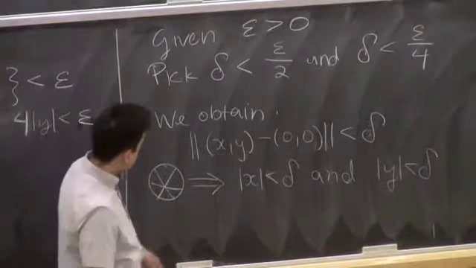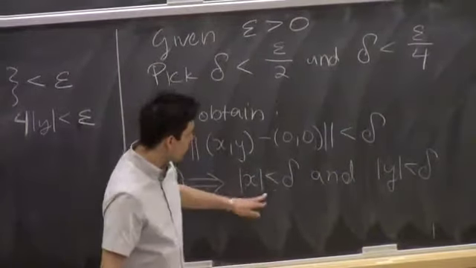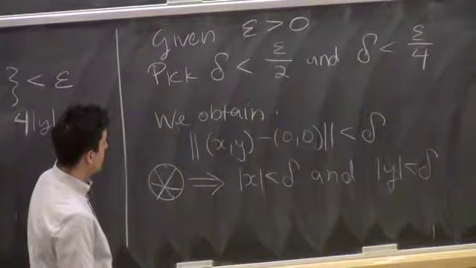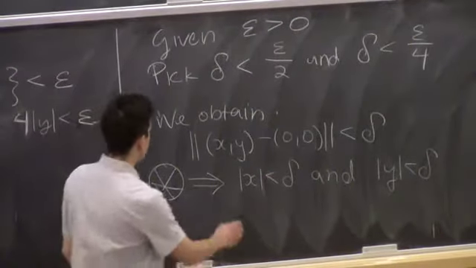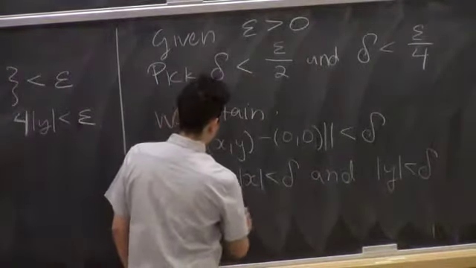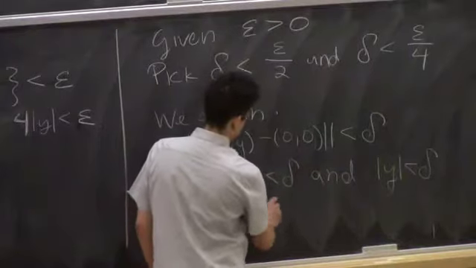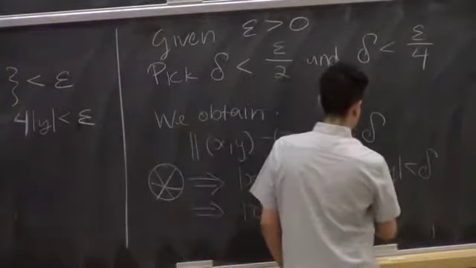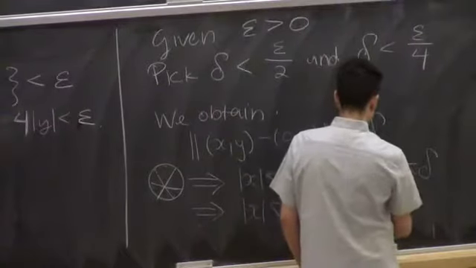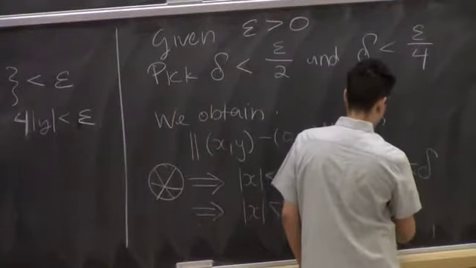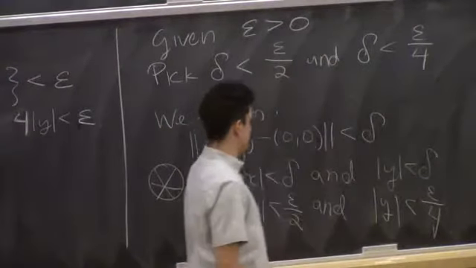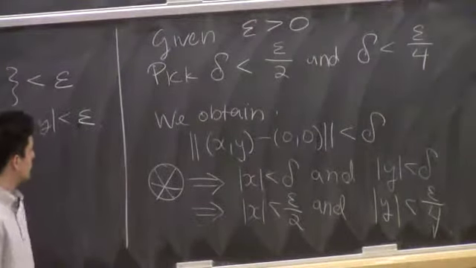If you're less than delta, then both of your components are less than delta. Good. So we get both of these.